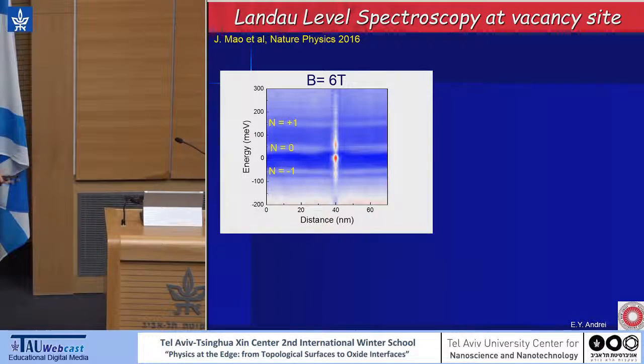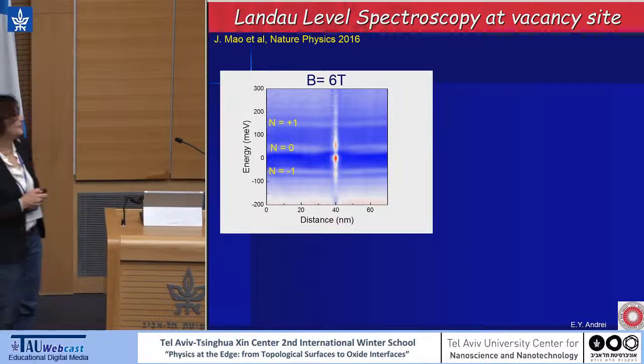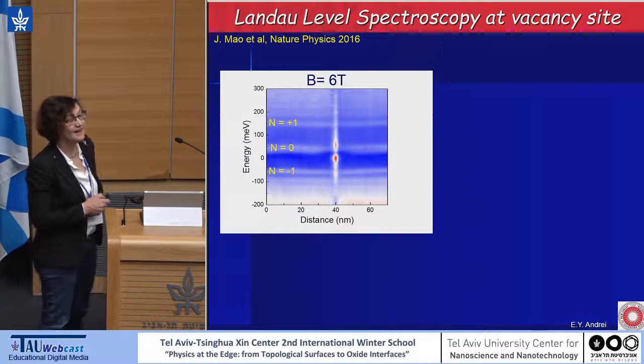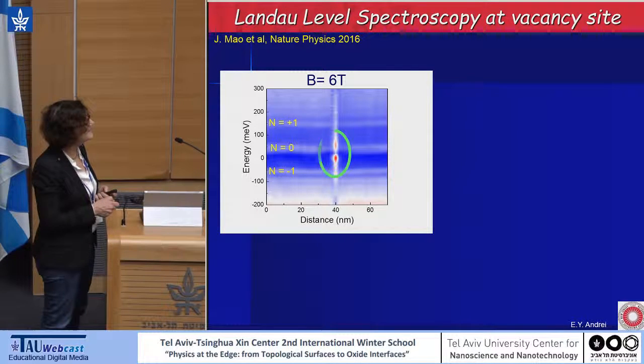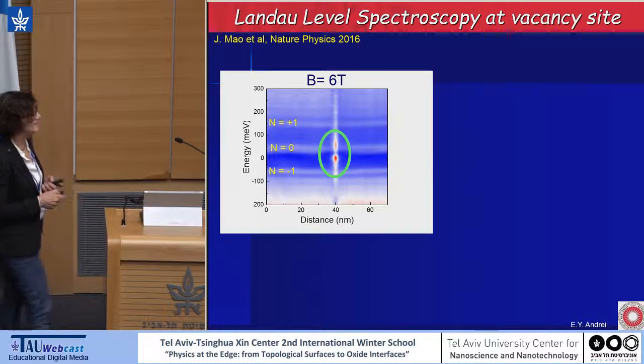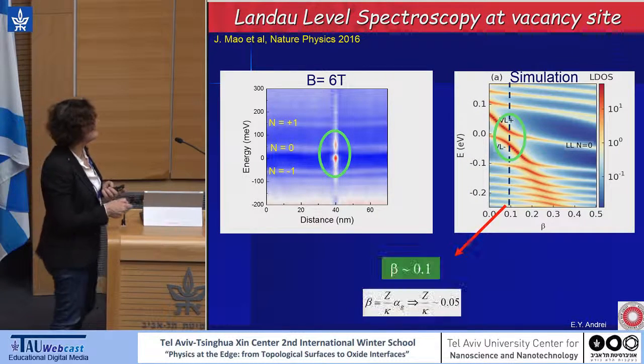Now, in order to determine the charge of this vacancy, we do Landau level spectroscopy. This is the Landau level sequence as a function of distance from the vacancy, and right at the vacancy you see these very strong peaks. These peaks tell us exactly what the charge of the vacancy is, and this is a simulation.